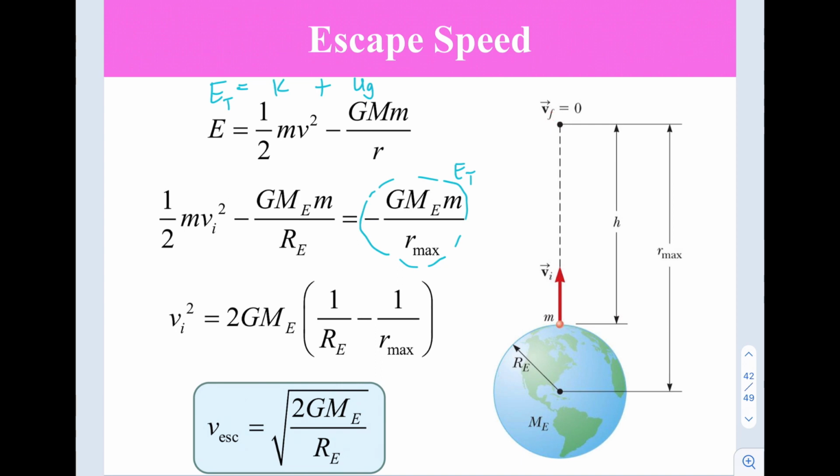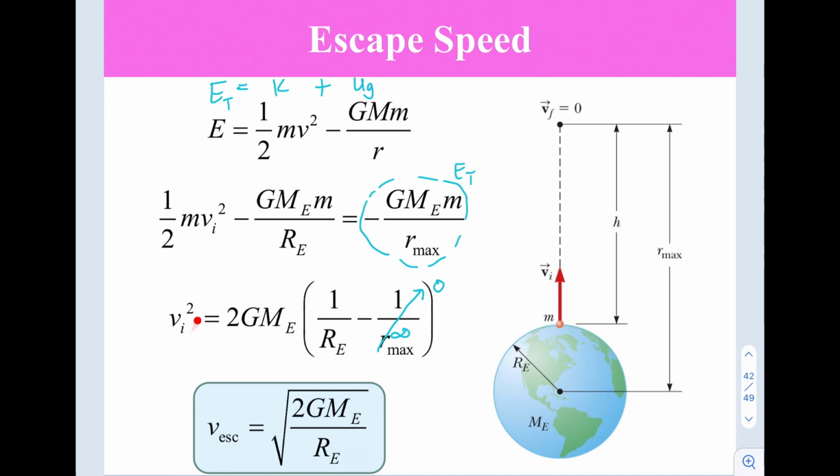So V final is equivalent to 0. R maximum: if you have 1 over a maximum value, let's say infinity, it must be 0. This part is going to be 0. Then this equation is simplified to 2G M of the Earth times 1 over R_E.